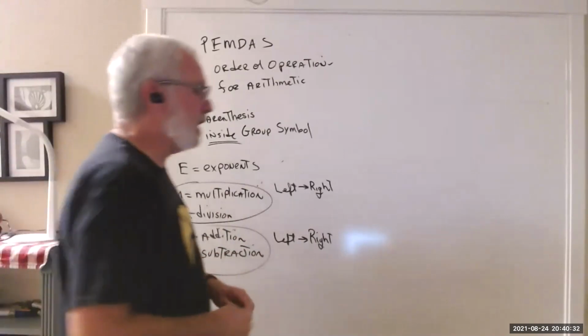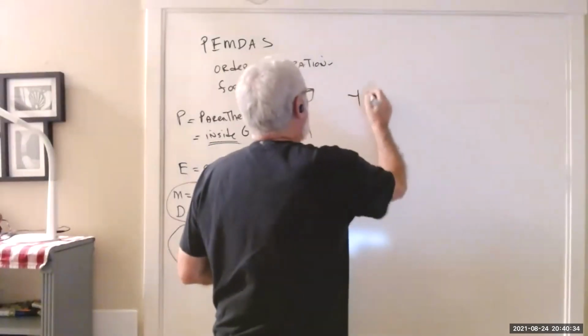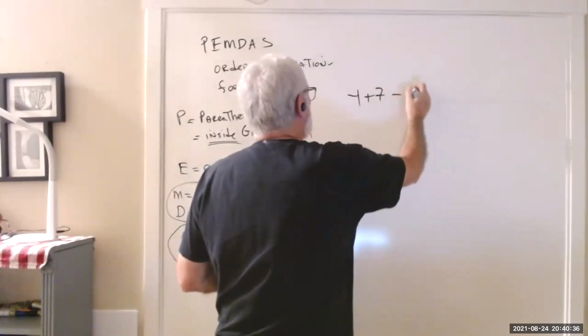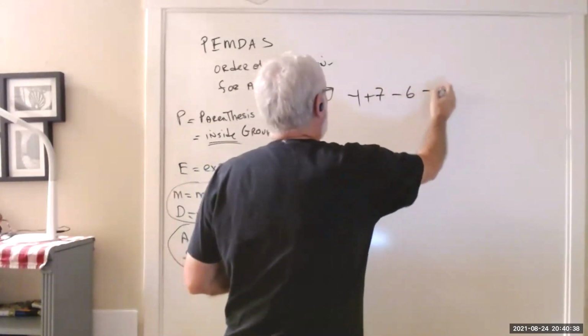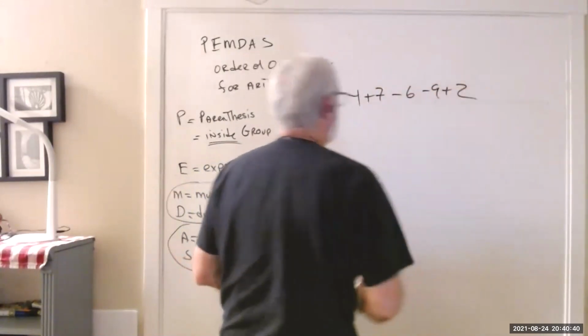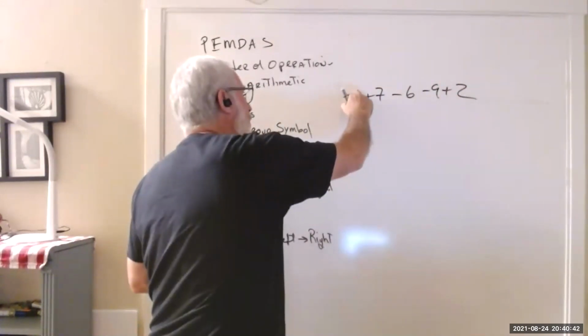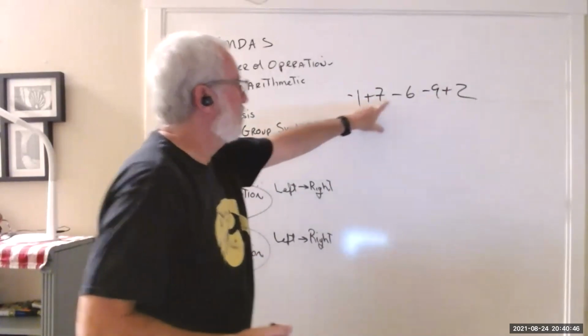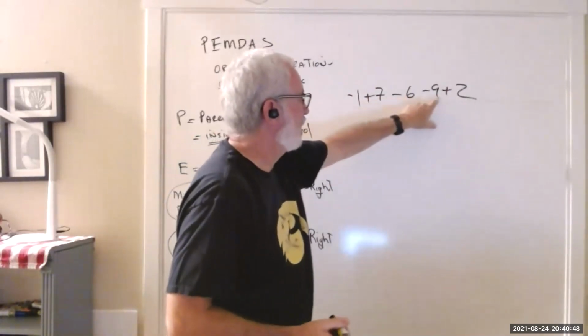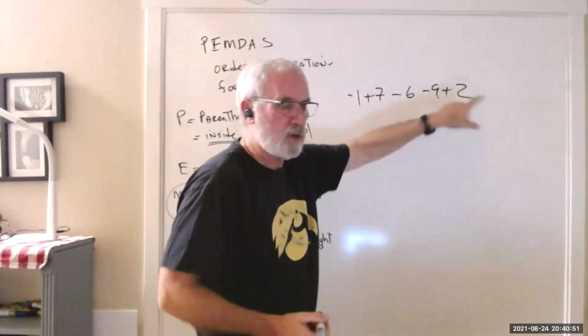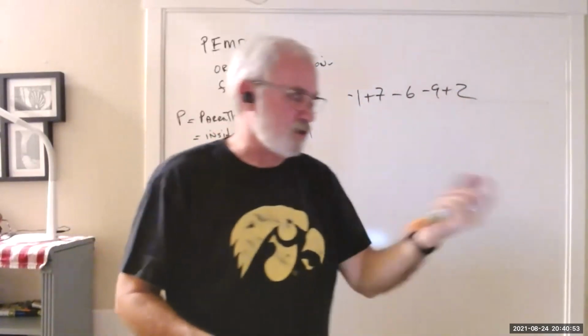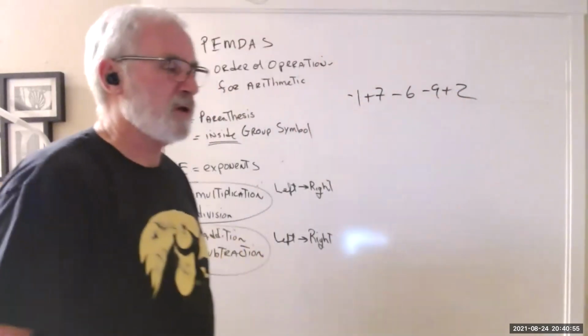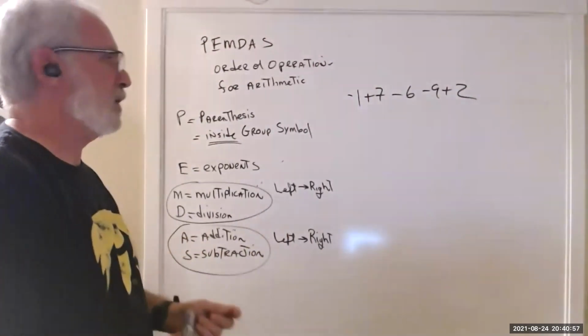So, example: -1 plus 7 minus 6 minus 9 plus 2. I'm going to pause right now just a second. I'm not going to turn off my video yet. Let you guys work on that.